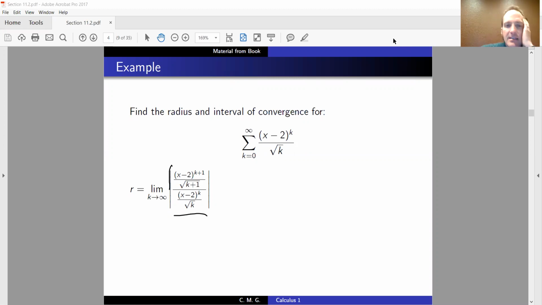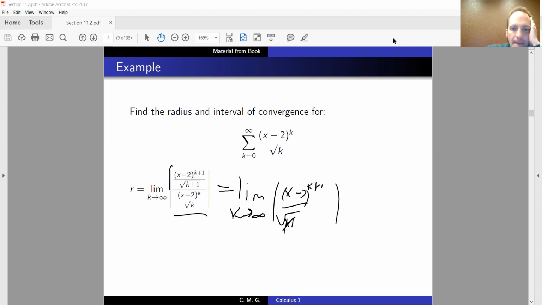So this basically turns into the limit as k goes to infinity of the absolute value of (x − 2)^(k+1) over the square root of k+1, times the square root of k on top, over (x − 2)^k on the bottom.